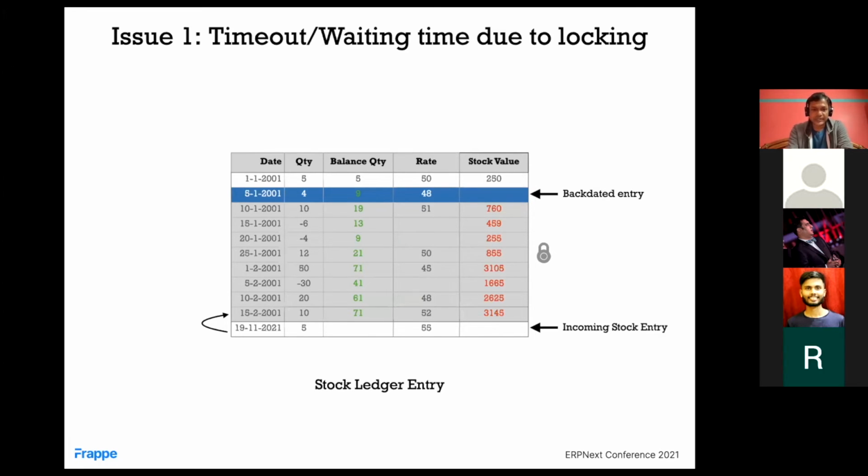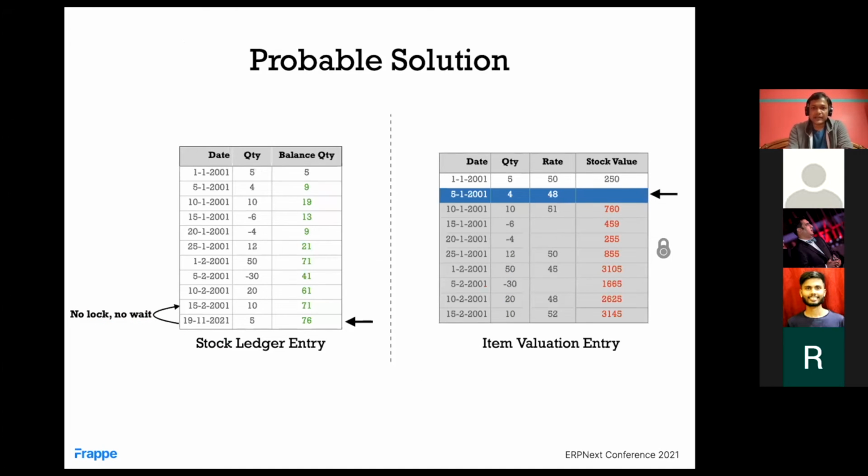after the reposting ends. Sometimes reposting takes a lot of time, more than 5 minutes, and it does not get the return, and it gives you a timeout error. To fix that, we have some ideas in mind. We are thinking that maybe we will separate out all the stock valuation related fields into a separate doctype from stock ledger entry.